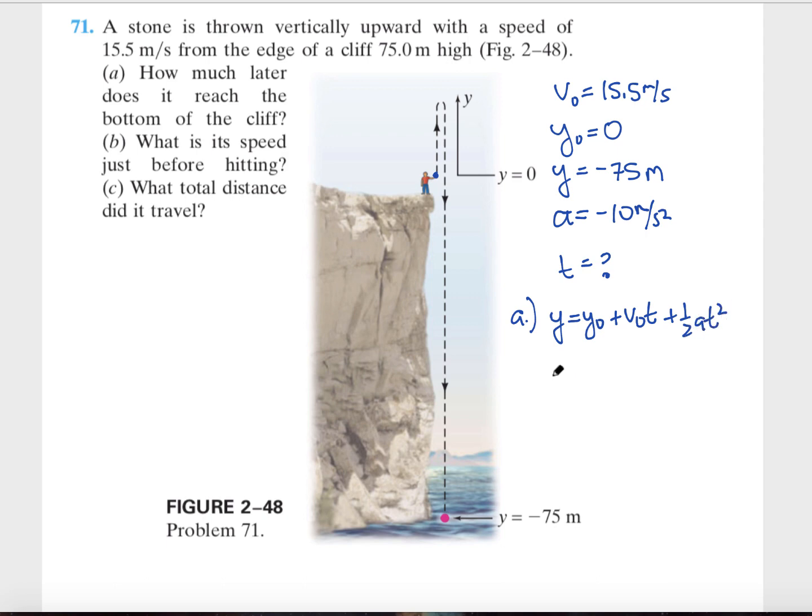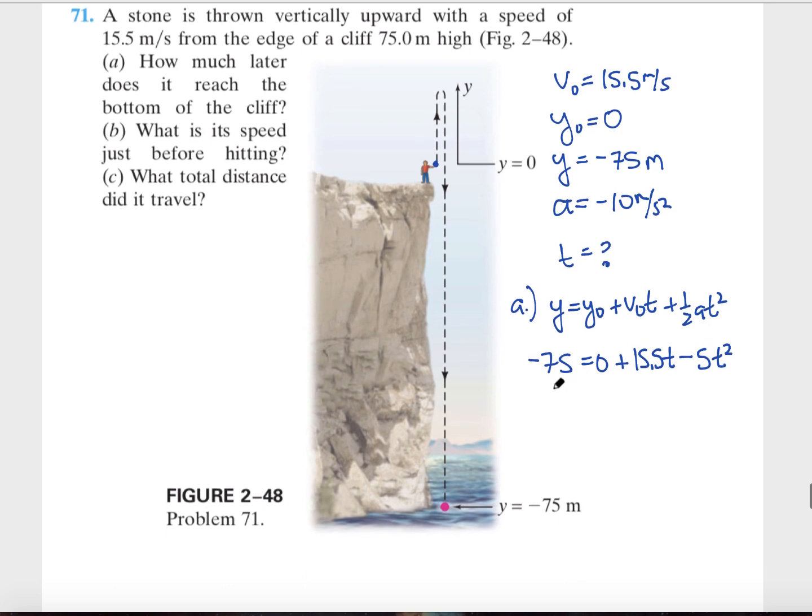So y final is negative 75 equals 0 plus 15.5 t, minus 5 t squared. We're going to see 1/2 times a when it's equal to the acceleration of gravity quite a bit. This gives us a quadratic equation, unfortunately. Rearranging it, I have 0 equals 75 plus 15.5t minus 5t squared.